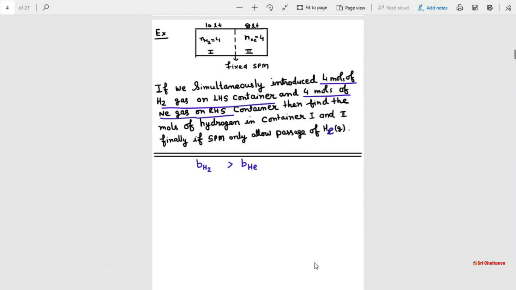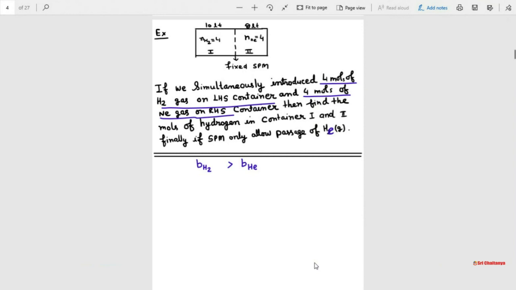In helium there is only one atom, but in hydrogen there are two atoms. So the size of a hydrogen molecule is greater. Logically, the pores of this semi-permeable membrane are such that the smaller gas particle can pass through, and helium is smaller than hydrogen. That's why I have changed it so that helium gas will pass through.